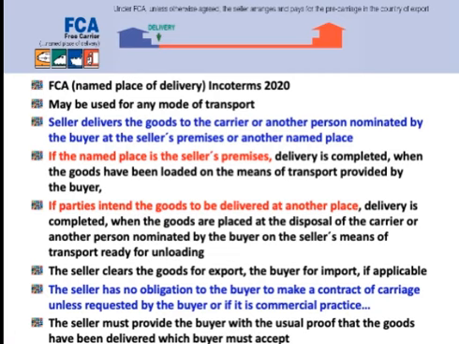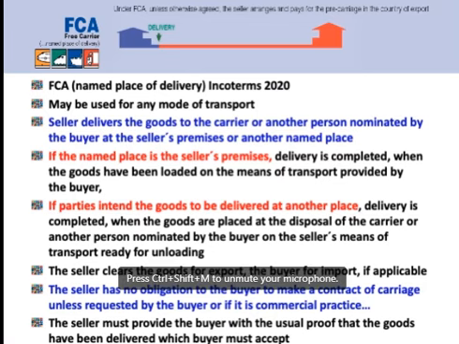Another delivery point is at another named place. If the delivery point is another named place, the seller has to transport the goods to that place and have the goods available, ready for unloading on the seller's vehicle, right?